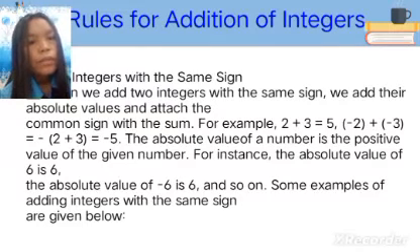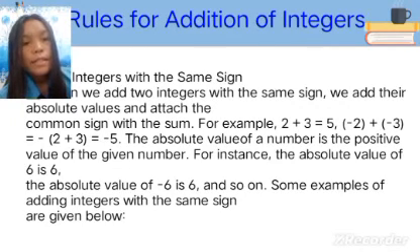The absolute value of a number is the positive value of the given number. For instance, the absolute value of 6 is 6. The absolute value of negative 6 is 6, and so on.